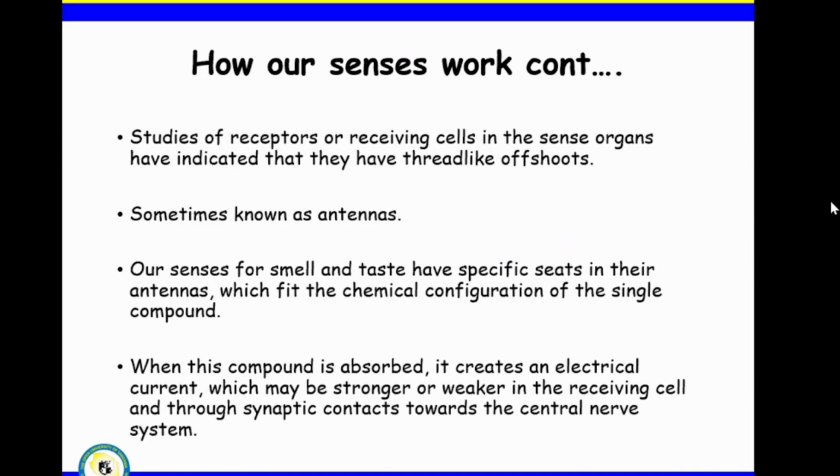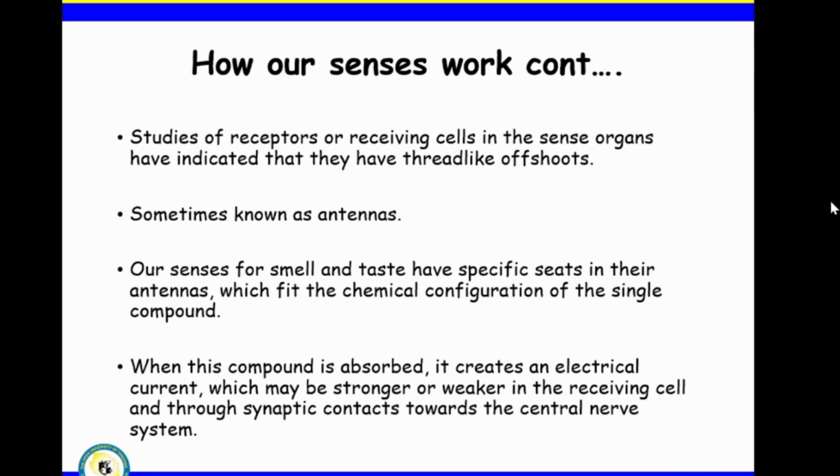Studies of receptors, or receiving cells, in the sense organs have indicated that they have thread-like offshoots, sometimes known as antennas. Those antennas are the ones that can receive the information and then transfer it to the brain.